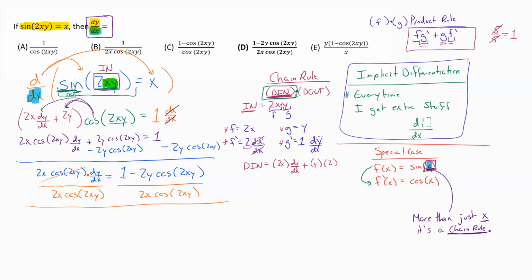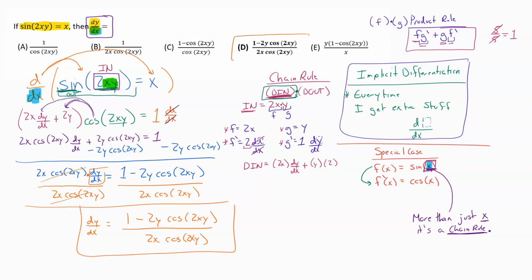And so now these pieces cancel and we're left with dy dx equals 1 minus 2y cosine of 2x times y over 2x cosine of 2xy. So that's our final derivative, and now you just kind of go back and look and see if you can find it in your answers, and sure enough our answer would match answer D right there.